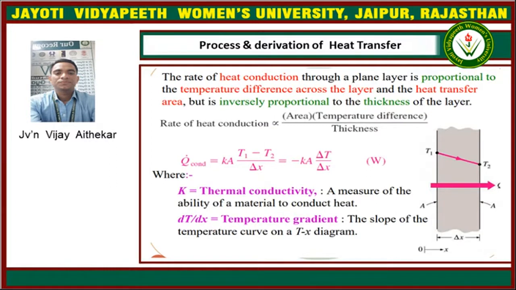The rate of heat conduction through a plane layer is proportional to the temperature difference across the layer and the heat transfer area, and inversely proportional to the thickness of the layer. That is, Q conduction = kA(T1 - T2)/Δx, or it can be written as -kA dT/dx.